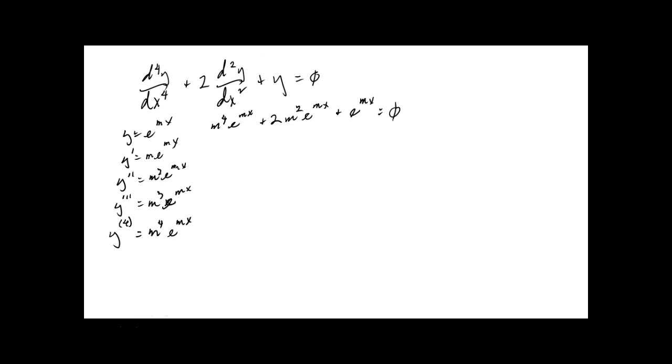Okay? And again, because e to the mx is never 0, you can just divide them out. That leaves a 1 here, by the way. So your auxiliary equation is m to the fourth plus 2m squared plus 1 equals 0.